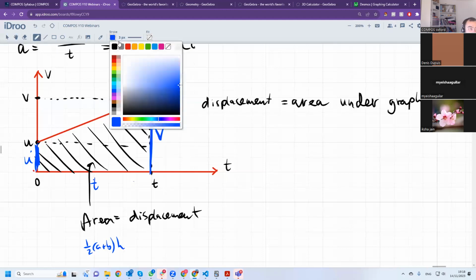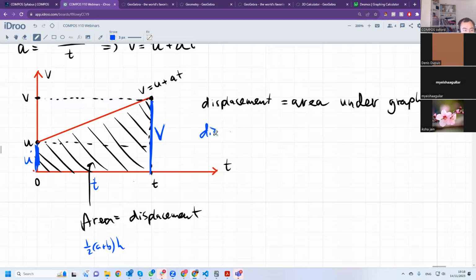So your displacement is equal to the area of the trapezium. It's 1/2 multiplied by u plus v, base plus base, times t, which can be written as u plus v divided by 2 multiplied by t.